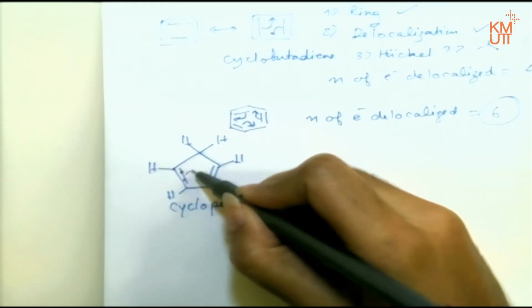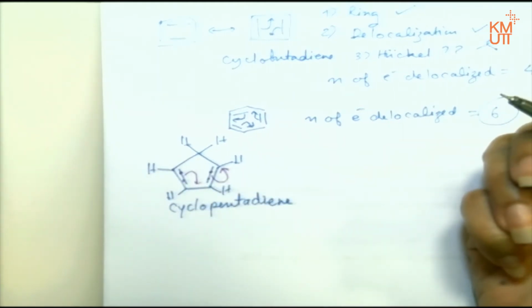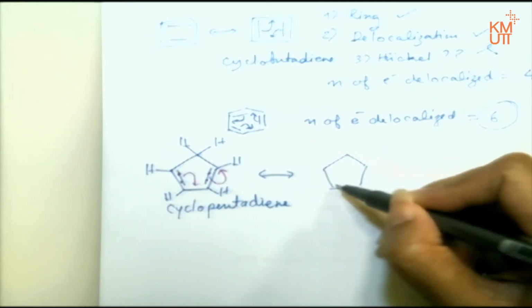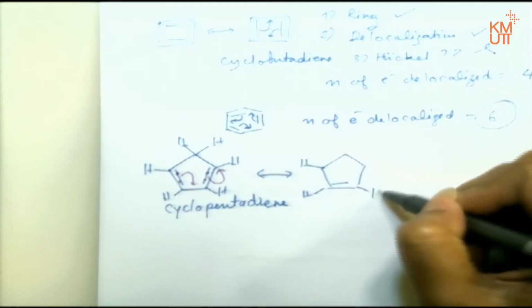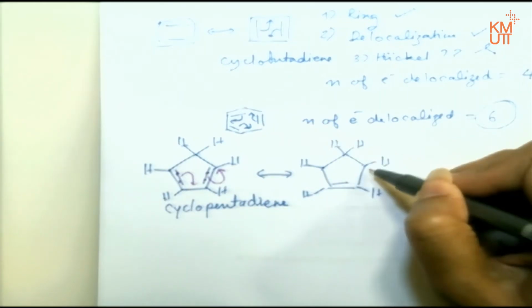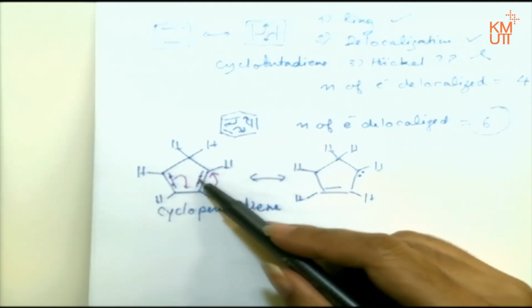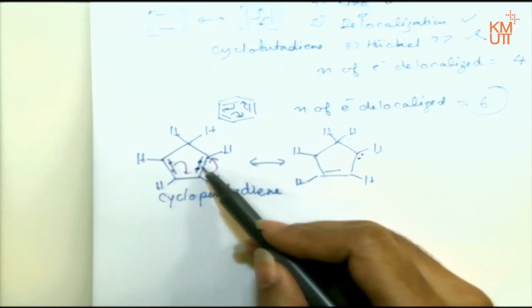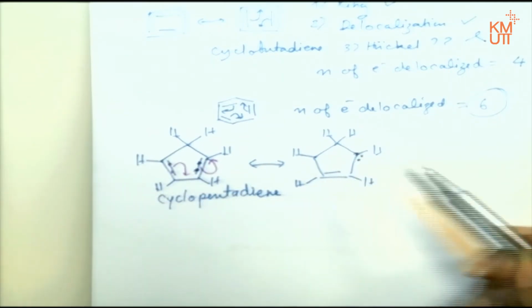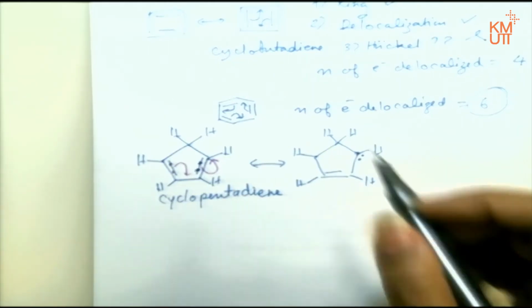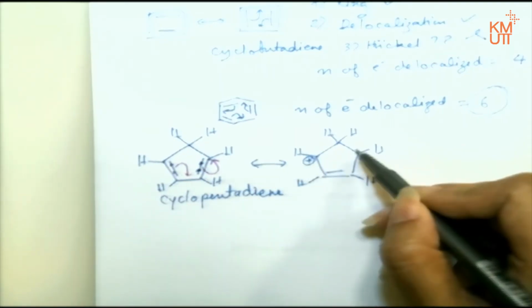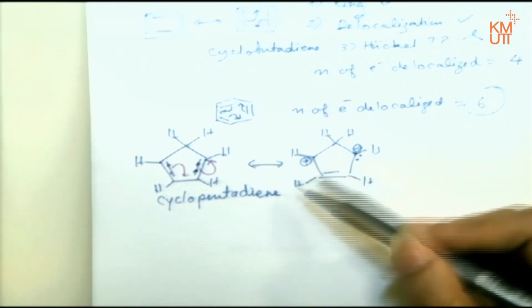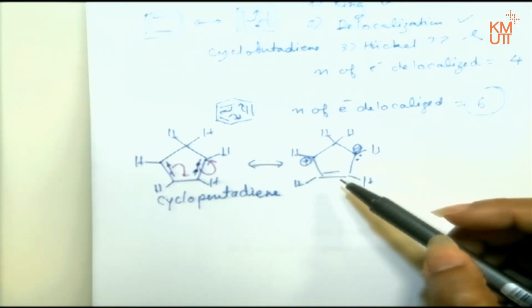Yes, you can move, but it stops here, at this carbon. So 2 electrons from the double bond move to this carbon. Then this carbon is positive and this one is negative. So this follows the rule. But the question is, is this aromatic or not?